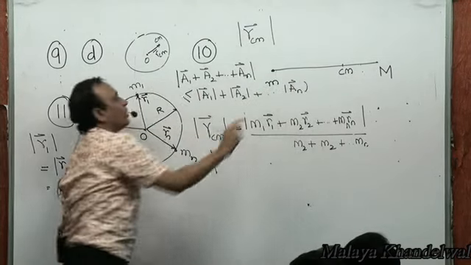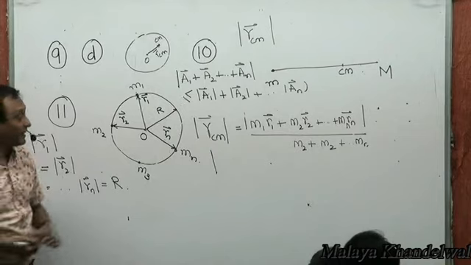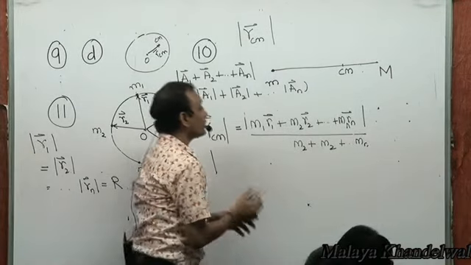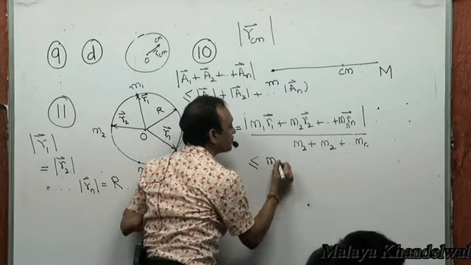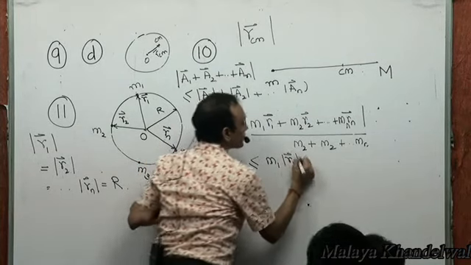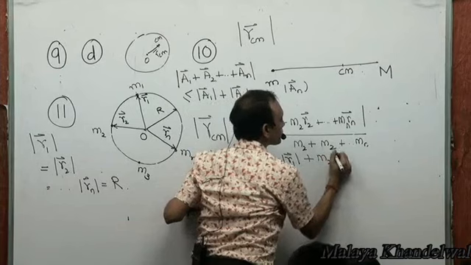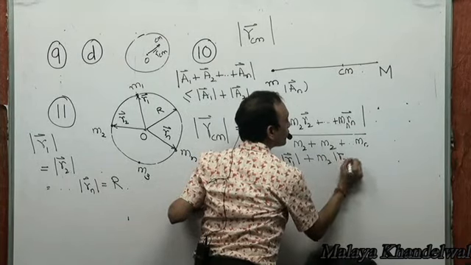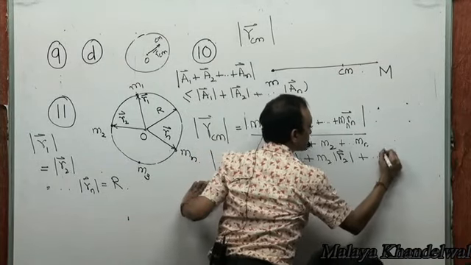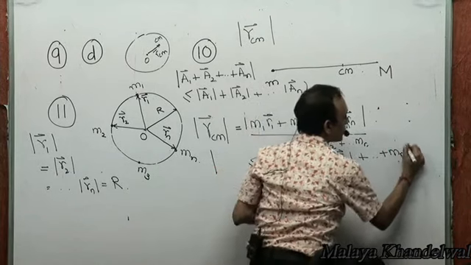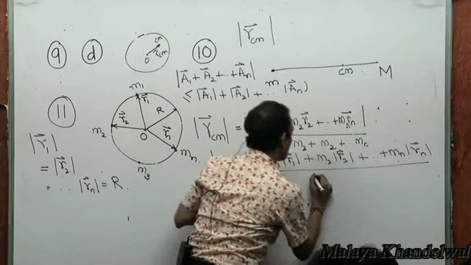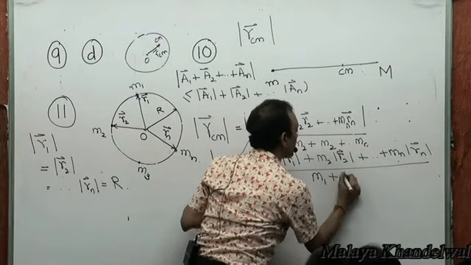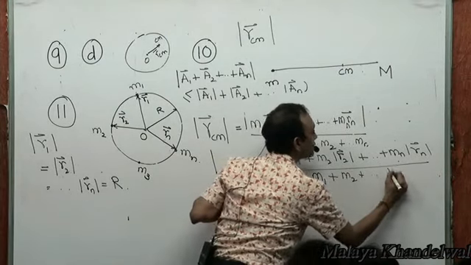Modulus of the sum will always be less than or equal to sum of the moduli, right? So it is less than or equal to M1 mod R1 plus M2 mod R2 plus Mn mod Rn by M1 plus M2 plus Mn. Yes or no?